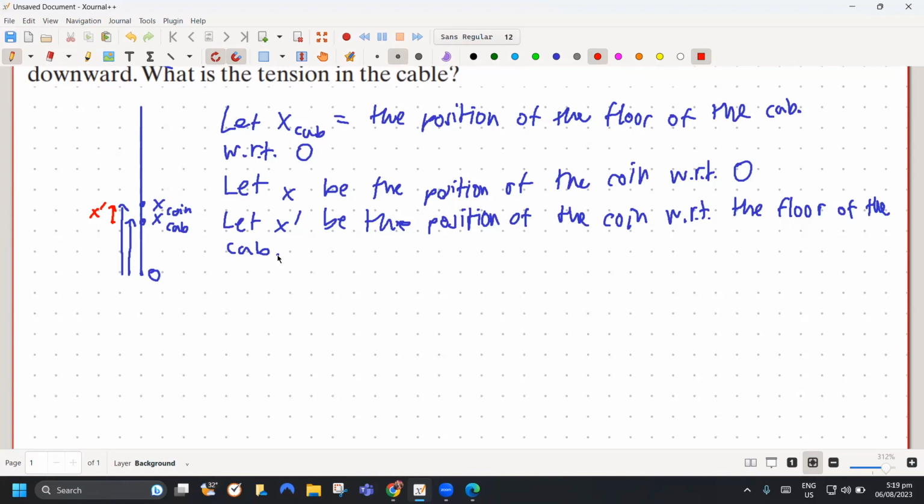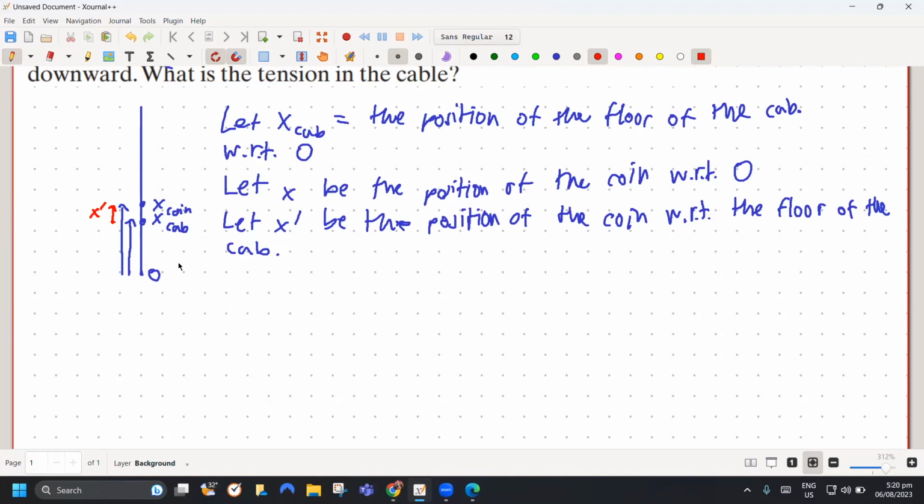Actually hindi dapat X coin yan, dapat X lang yan kasi yung variable natin ay X. Burahin mo yung subscript na coin.